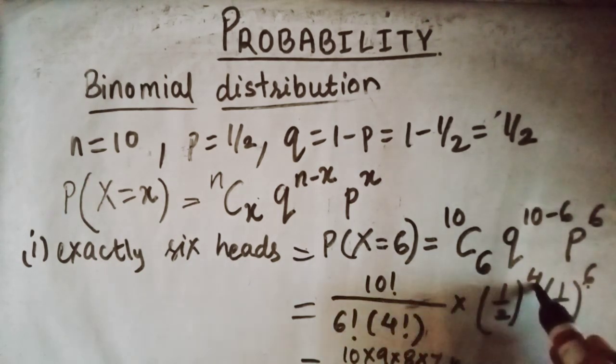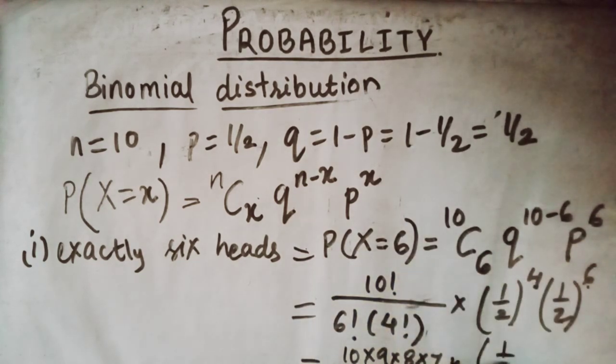You can write 10 factorial as 10 into 9 into 8 into 7 upon 4 into 3 into 2, as the 6 factorial gets cancelled. Using the laws of exponents, the powers add up, so it will be half raised to 10.